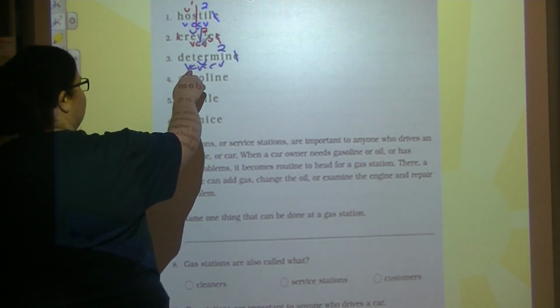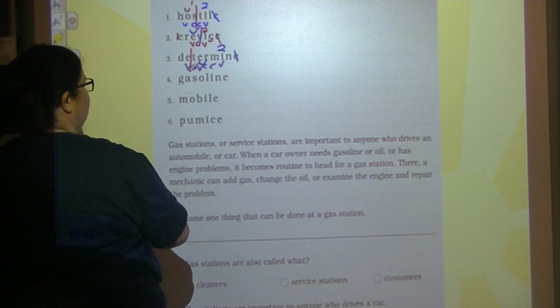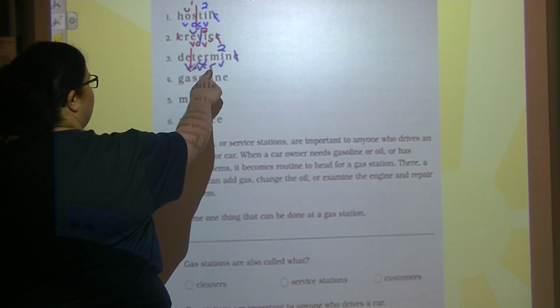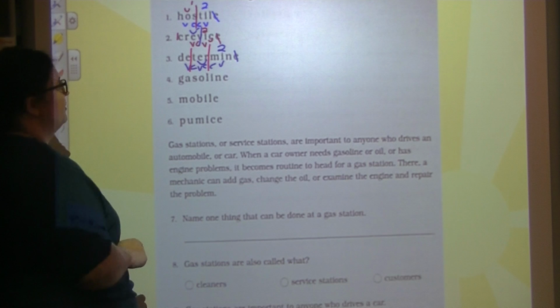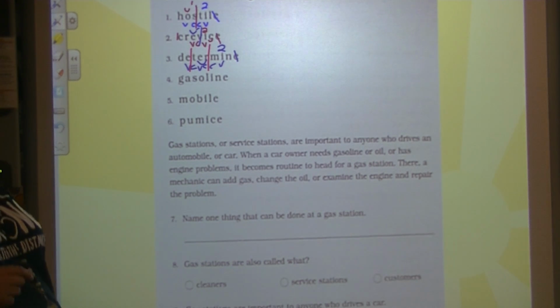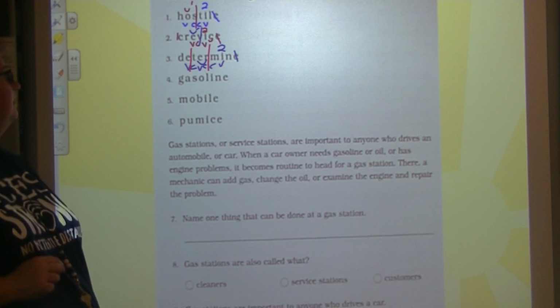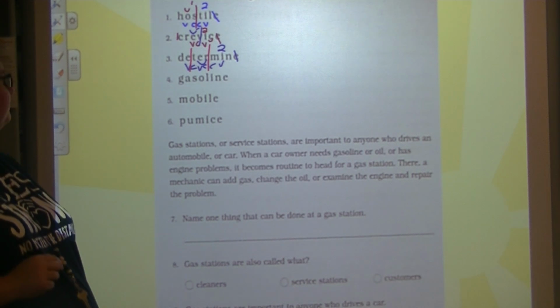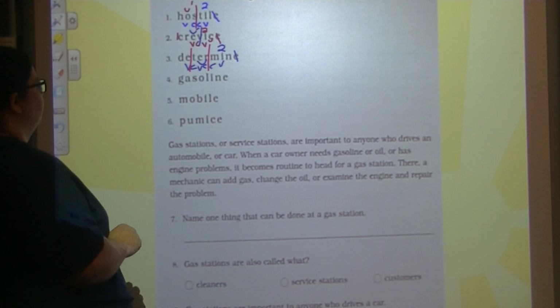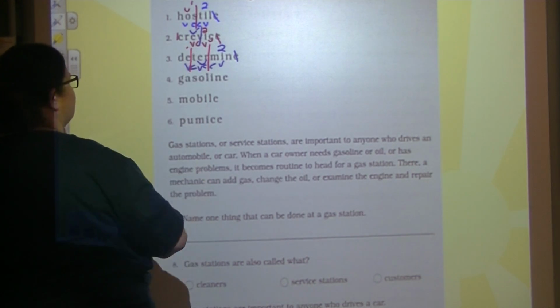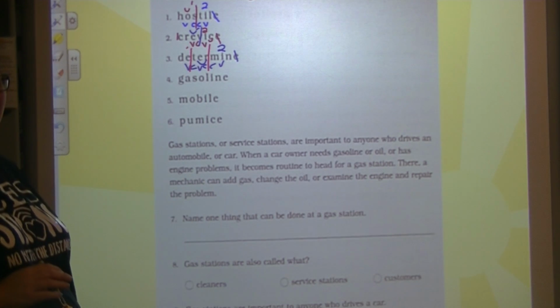All right, divide after your first vowel. And here we're going to divide between the two consonants, so between your R and your M. Accent is on the first syllable.